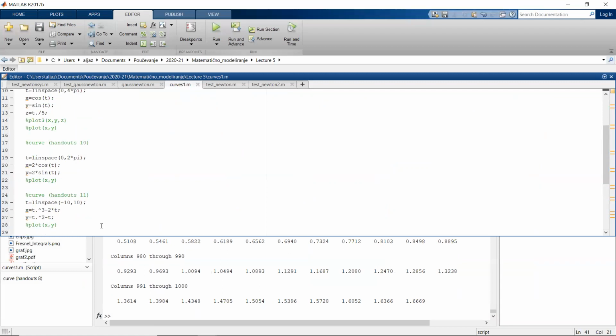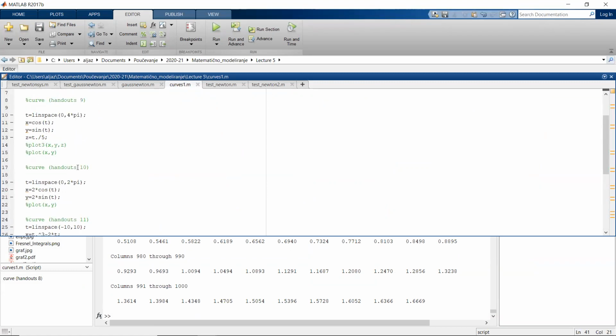Yeah, we can return to the problem above when we have these circles. So linspace between 0 and 4 pi, let's say we have 1000 points. Okay, here we take t to the power of 3, or let's start with 3 times t.